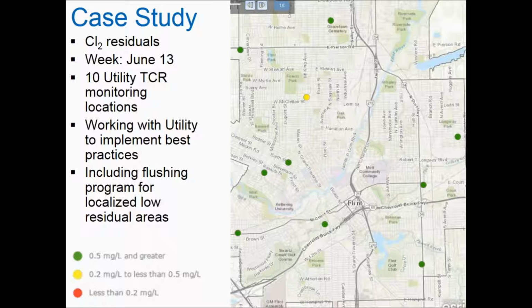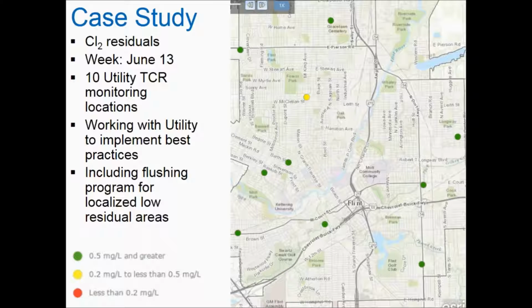And so when we mapped our locations weekly, we used a coloring scheme. This wasn't a regulatory coloring scheme. This was an operational coloring scheme. So we used the classic green, yellow, and red so we could quickly see areas of concern. Green means the chlorine concentration was greater than 0.5 milligram per liter, and really was probably pretty healthy.